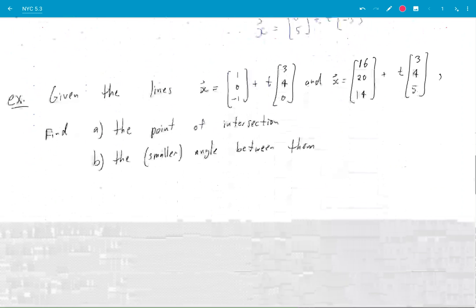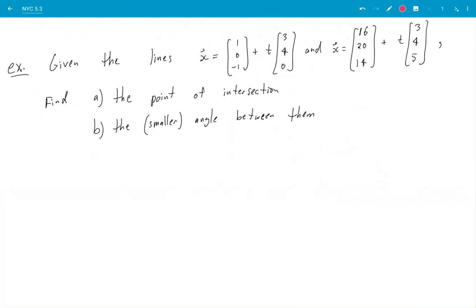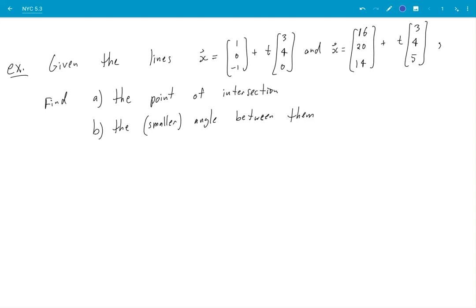Okay, another example to chew on here. Now we have two lines in R3. There is no normal equation for a line in R3, but there is still the vector parametric equation.